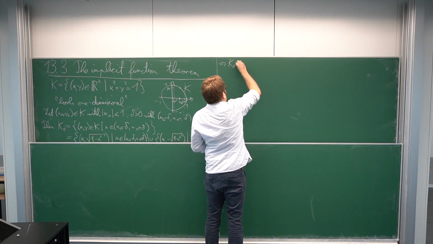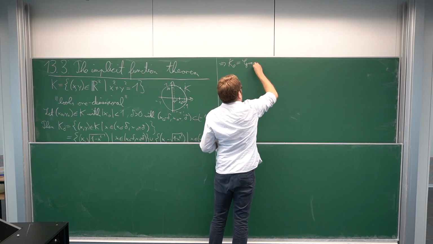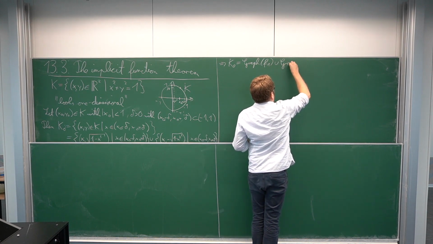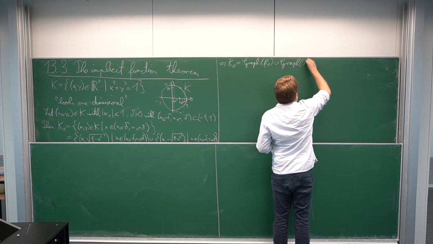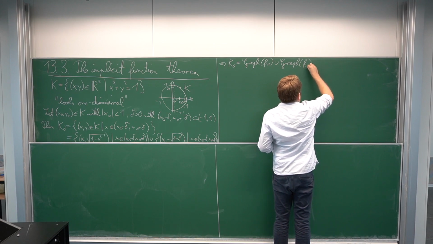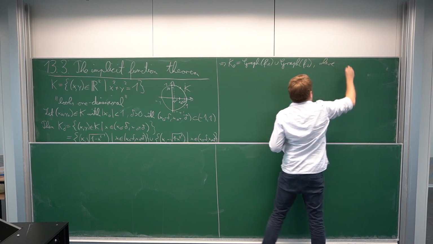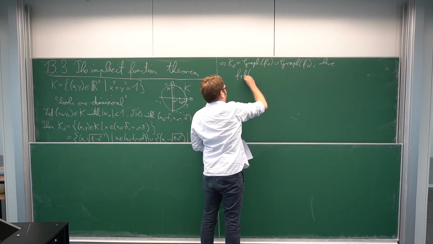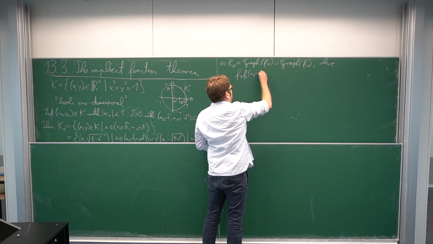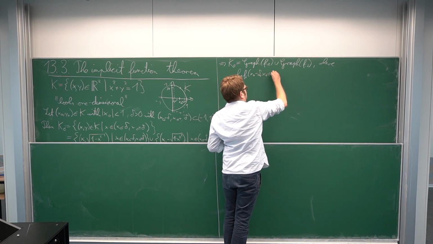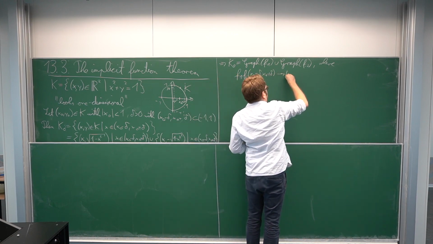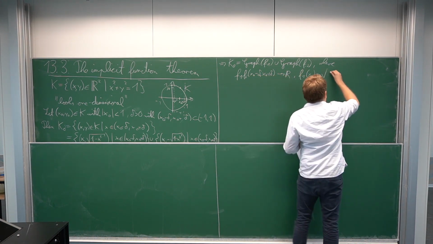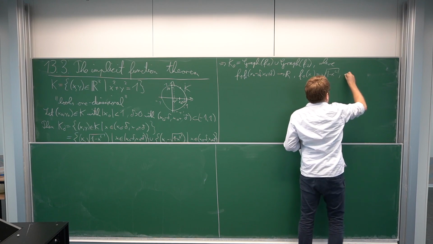This means K0 is the union of the graph of F1 and the graph of F2, which I shall define in a second. Where F1 and F2 both go from (x0 minus delta, x0 plus delta) to R. F1 of x is the square root of 1 minus x squared.